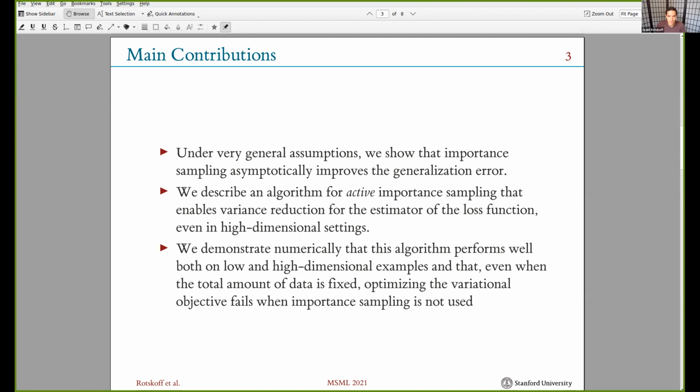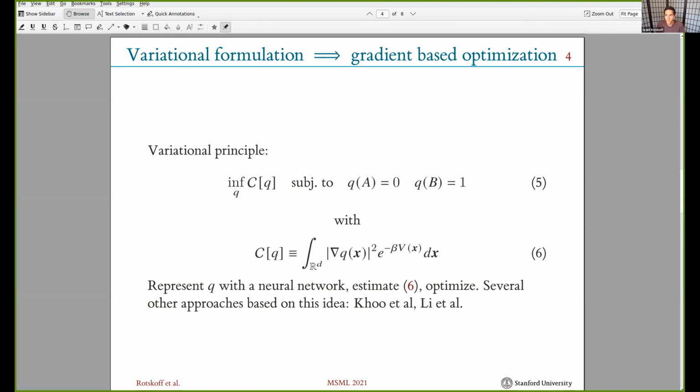Okay, so let me show you a little bit more specifically what is actually done. The PDE that I described before has a variational formulation, which means that we can use gradient-based optimization. So basically what we need to do is sample the objective defined in equation 6 and optimize.